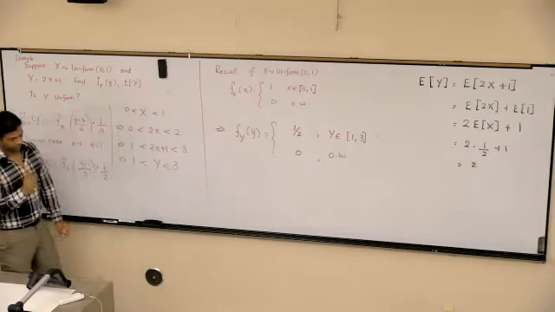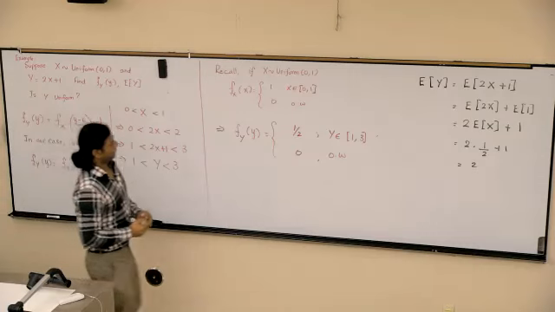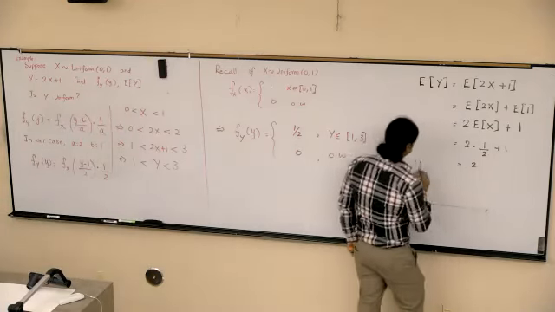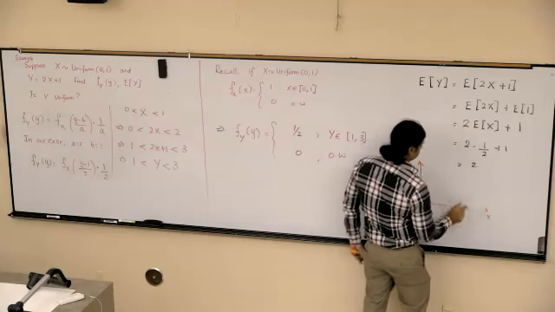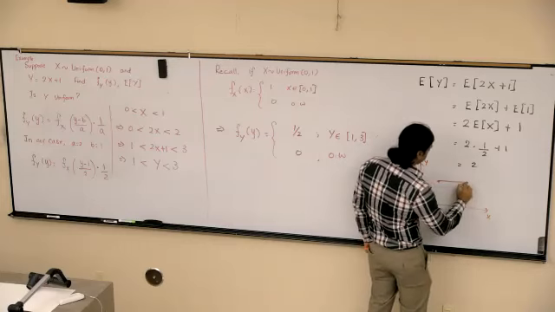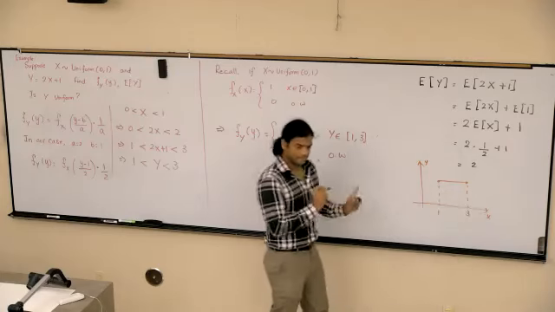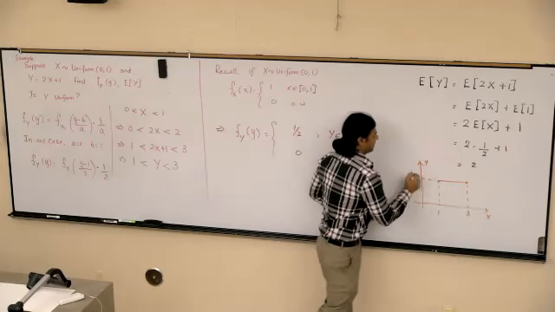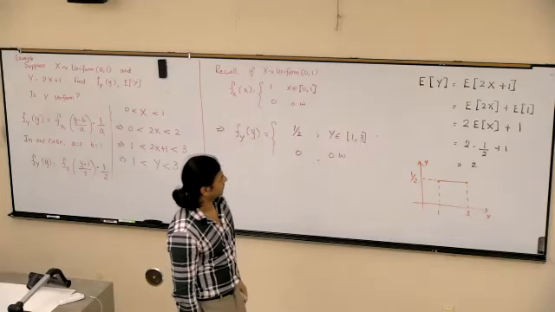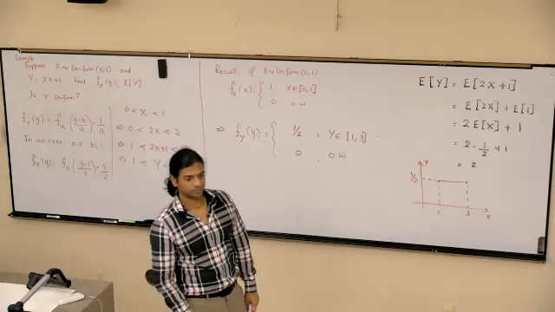Correct? So the things that I have realized about y is that y is between 1 and 3. And yes, how did you know the expectation of x is 1/2? That is the expectation of a uniform, (a plus b) over 2.